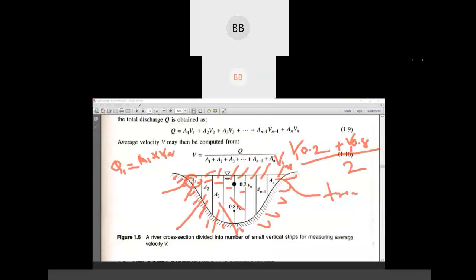Here it's already given: this is your Q1, this is your Q2, this is your Q3, that is A3 into V3, and so on. So for the total discharge of that section, you have to add all of them, and then you can find the average velocity.